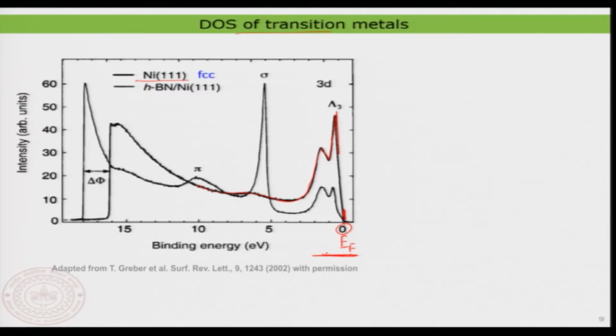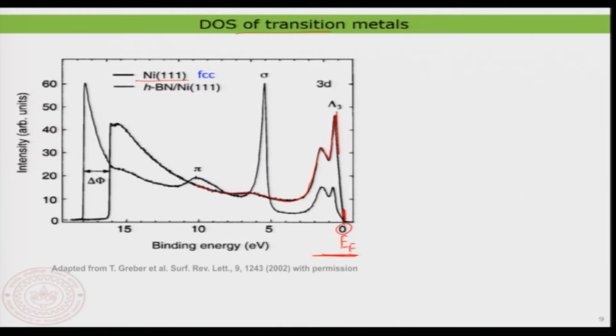So, what happens on the surface depends strongly on what is around the Fermi energy, and that is why the valence band is the decisive factor in many properties, the chemical reactivity, the transport property, the magnetic property, whatever you name. It depends strongly on the density of state near the Fermi energy, because that is the electron readily available from the surface for any kind of chemical reaction or transport.